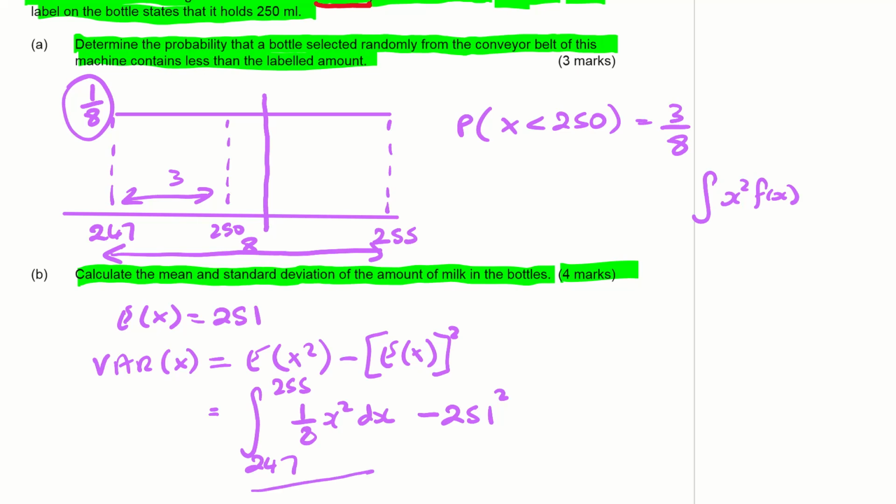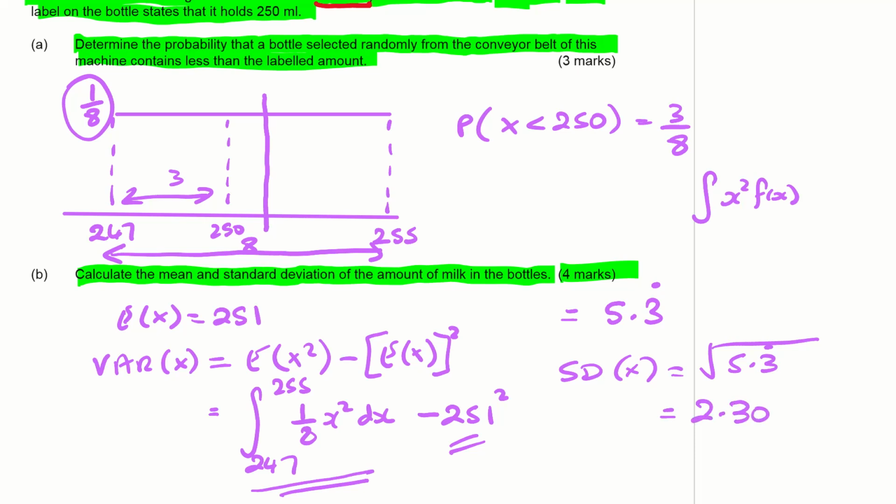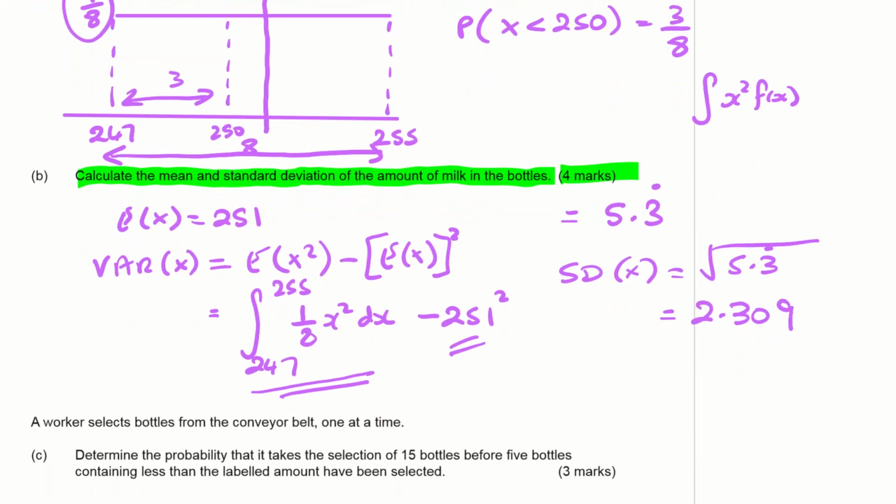And of course we can evaluate that on the calculator and take away the 251 squared, so that gives us 5.3 recurring, and then the standard deviation of x is just going to be the square root of 5.3 recurring, which is 2.309.